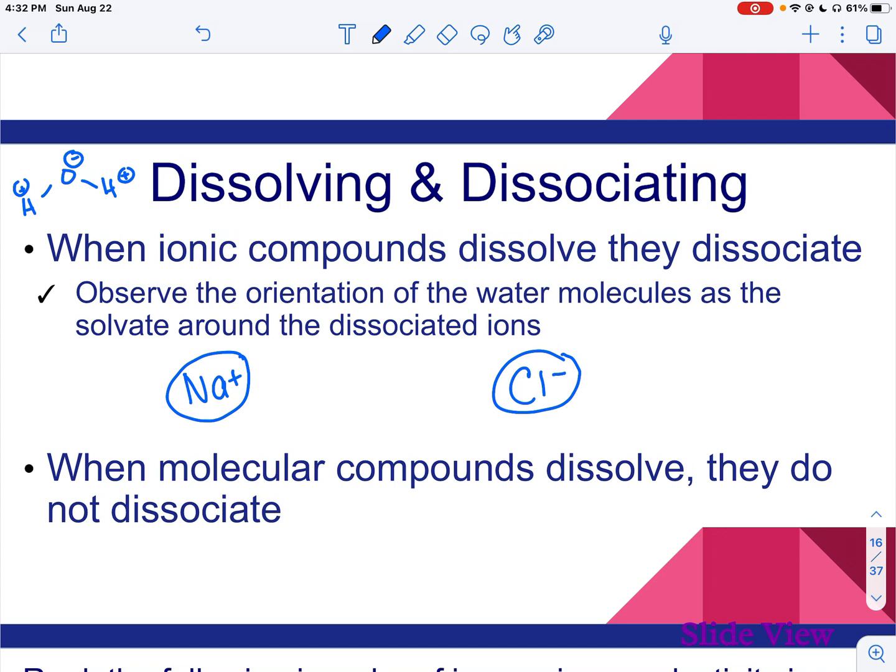So that changes how water will line up. Okay, so that's all this is talking about here. For the plus side, the oxygens are going to go towards the ion. For the chlorine, the hydrogens will go towards it because opposites attract. So that's all this is getting at here.